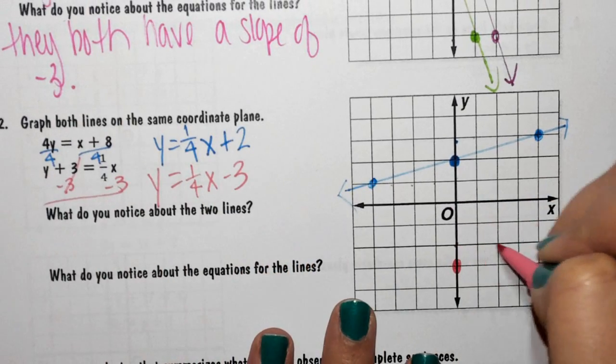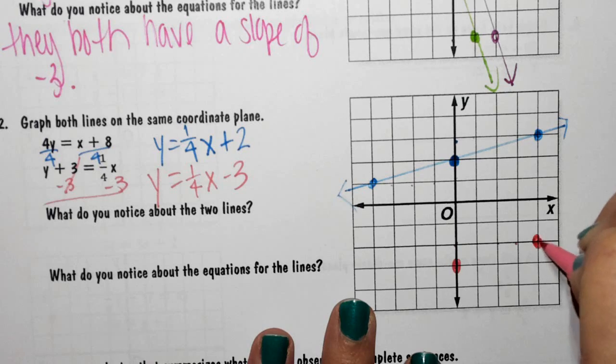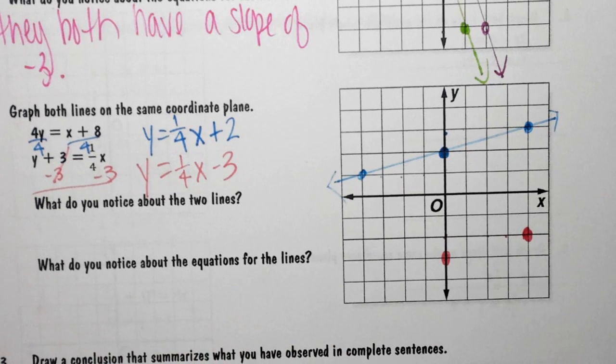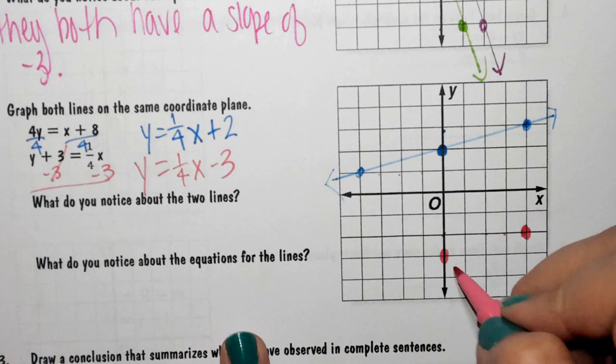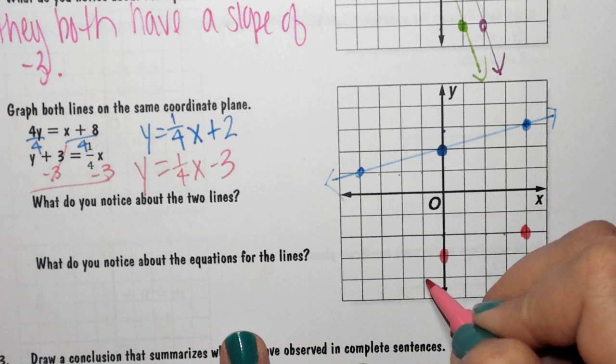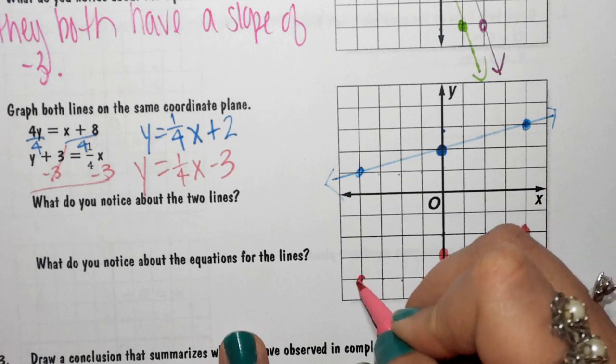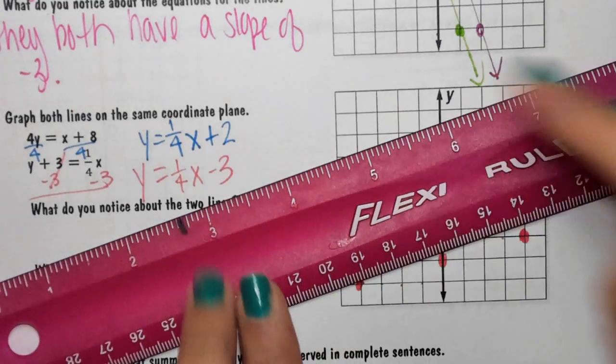Take a point. Up 1, right 4. And I need 3 points. So who can tell me what to do next? D'Angelo? Go down 1 and 4 to the left. It's like you've learned something. I'm so proud of you. Take a point.